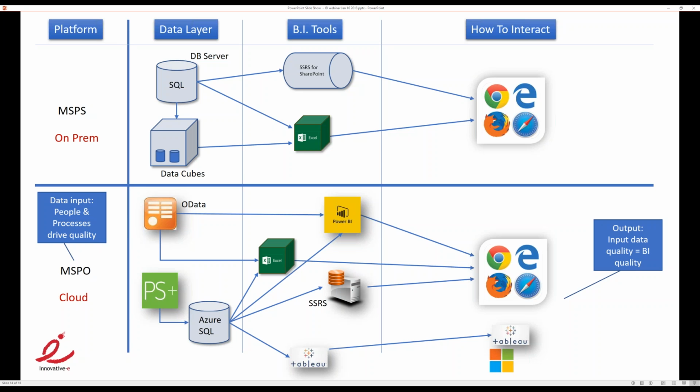And then from there, you have a whole bunch of different options. You can start using SSRS again. You can still use Excel. You can use Excel through OData. You can use Tableau. You can use Power BI. You can use all those things and get back to the presentation layer and how to interact with it like you used to.